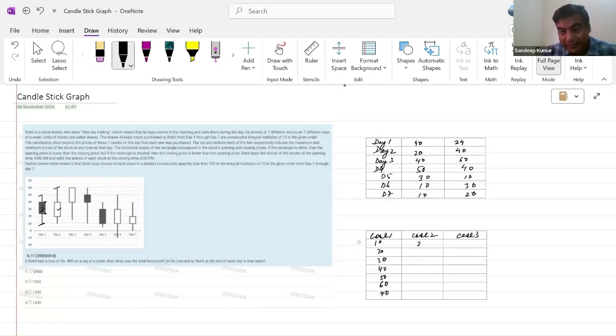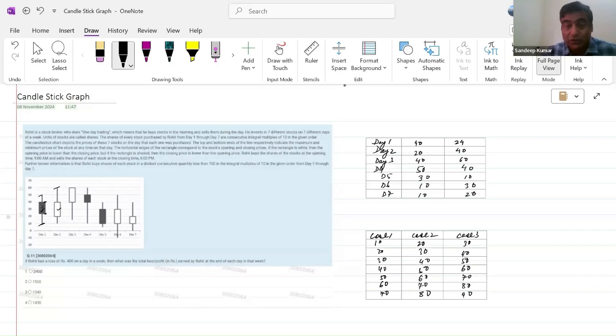Or it can be 20, 30, 40, 50, 60, 70, 80. Or 30, 40, 50, 60, 70, 80, 90. So these are the possible cases of him buying in consecutive multiples of 10.